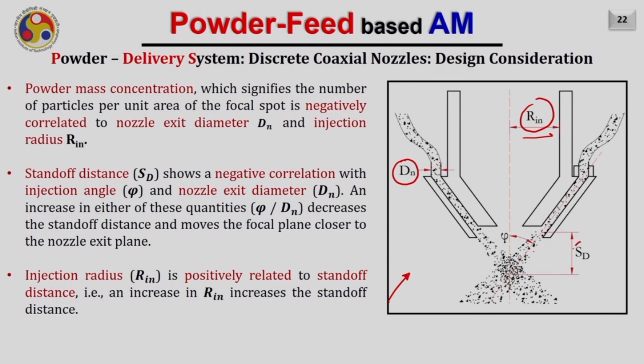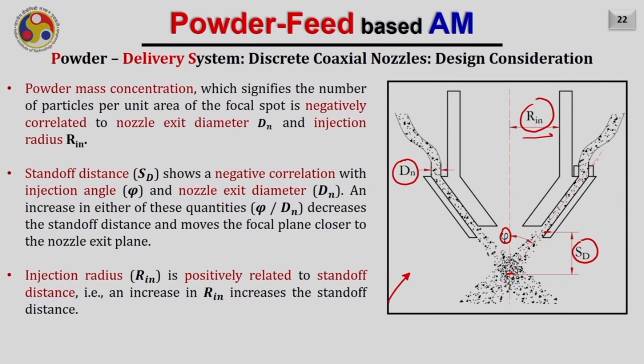The st is the standoff distance that shows the distance from the exit of the powder from the nozzle to the point where the stream attains the minimal cross section area, or the focal point. This angle is phi, which corresponds to how much your nozzle is tilted from the vertical axis.